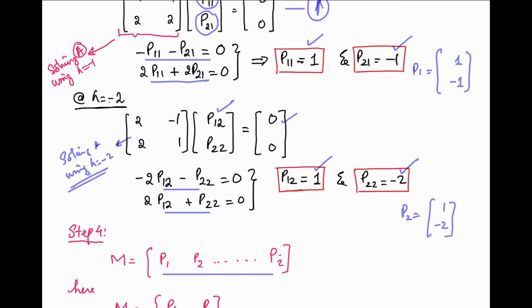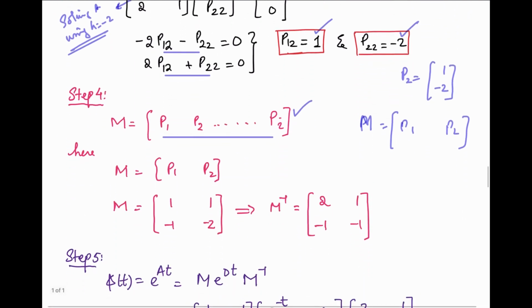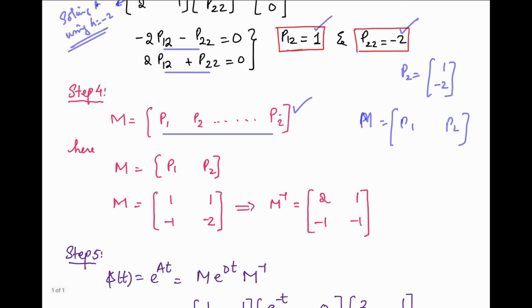So using these two, you can define the matrix M. Depending upon the order of the system, let's suppose the order is n, then the matrix M will be obtained with the help of this equation. Over here we have 2 cross 2. We have only 2 eigenvectors, so our matrix M will be given by this equation, P1 and P2. So P1 is this one and P2 is this one. From here we are going to get the M inverse, that is given by this equation.